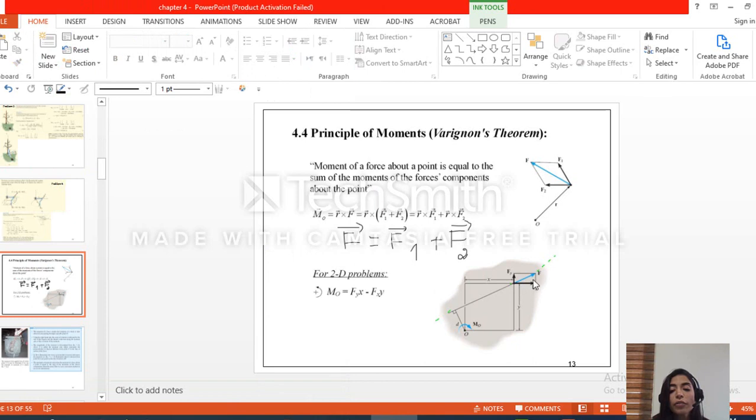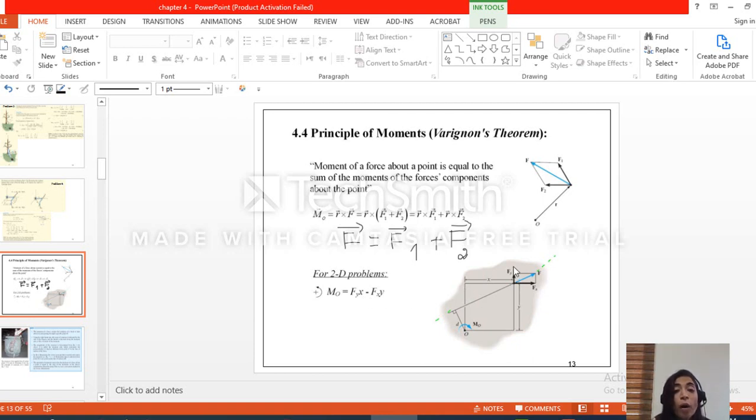What is the moment of Fx? Basically, the moment of Fx is Fx times the perpendicular distance to O, which is y. So basically, it is Fx y. Now, what about the direction? If I apply the right-hand rule, Fx is doing a clockwise rotation, so it is negative. So it is minus Fx y.